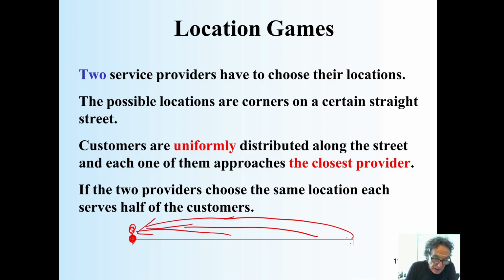Since we're symmetric, that's the assumption, each one of us will have half of the customers. So if two providers choose the same location, each serves half of the customers. I hope that you understand what I say. And now let's go on.